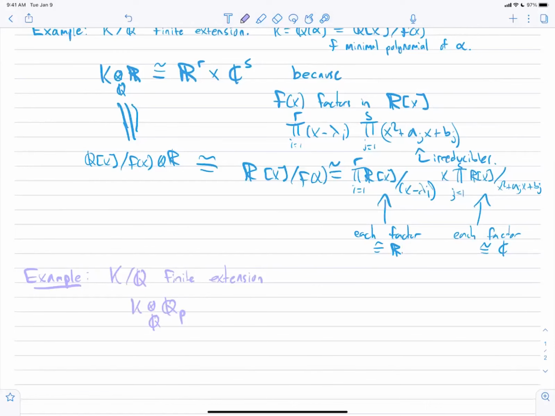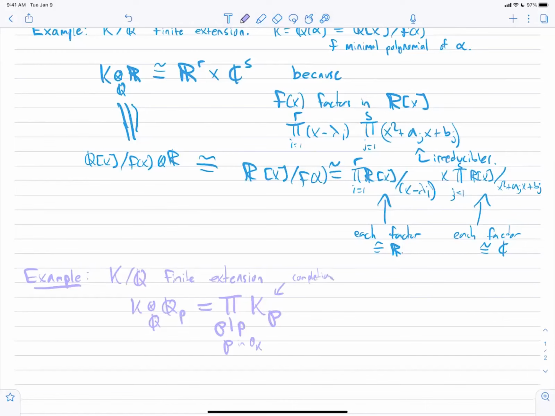It turns out this is going to be the product over all primes P in the ring of integers that divide p of the completion of K for the absolute value defined by P. So this is the completion.